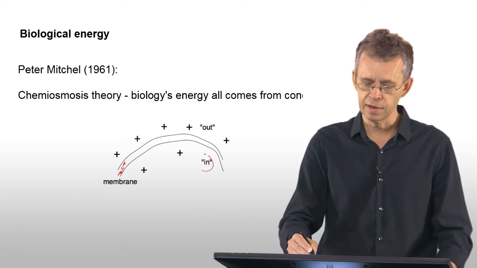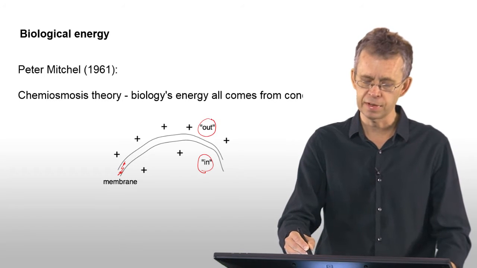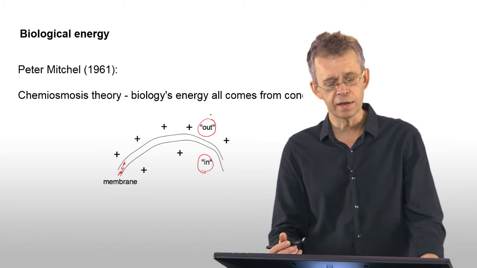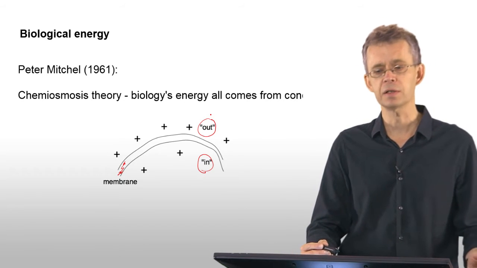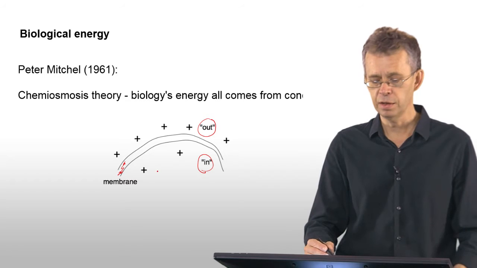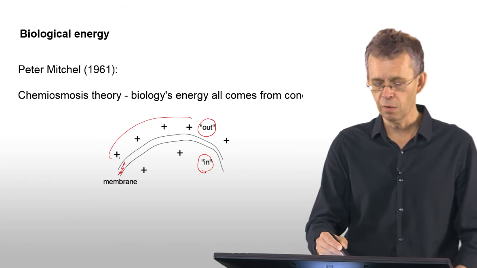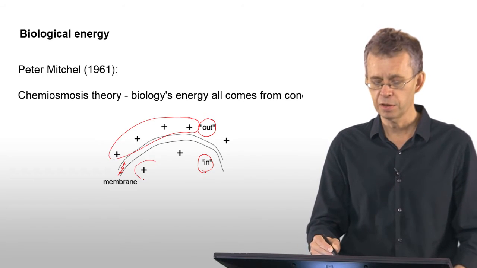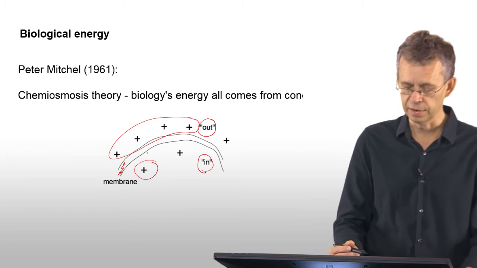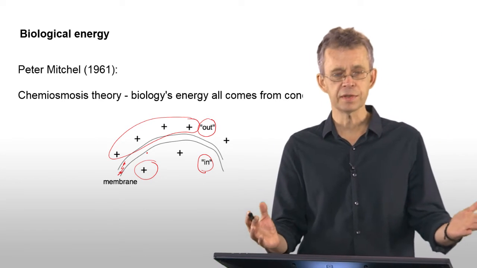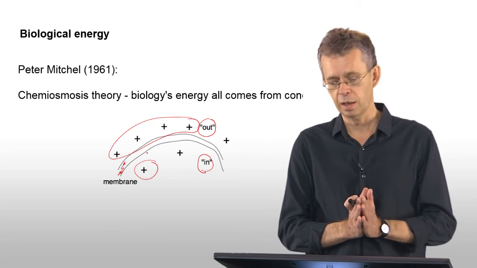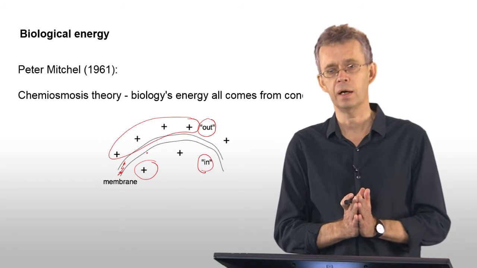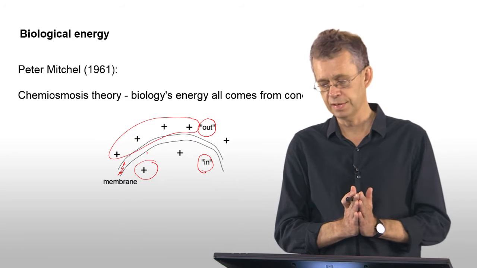Here is the inside of the cell, and this is the outside of the cell. His idea was that the concentration of the protons, which are just simple particles with positive charge, is higher on the outside compared to the inside. And so this difference in concentrations across the membrane allows you to keep the energy within the cell.